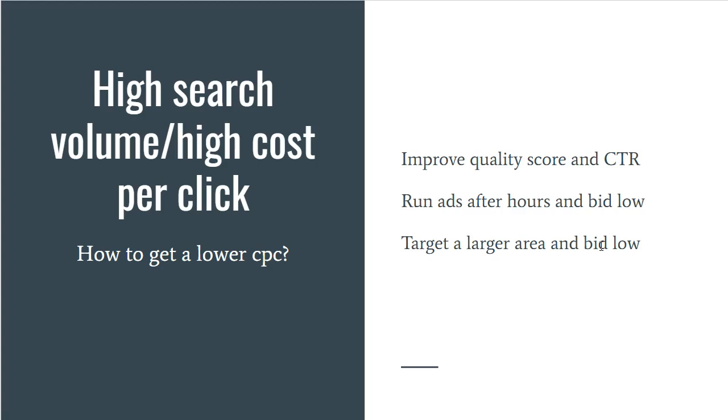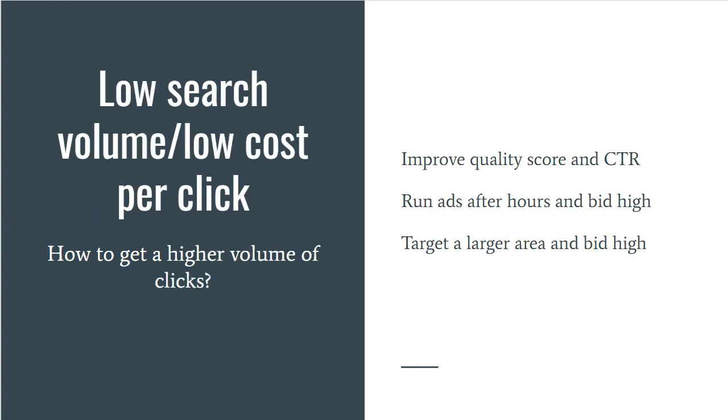Okay, so that will help you get clicks at a lower cost per click, and achieve your target, whatever the cost per acquisition is. You don't obviously want to pay $70 per click, so definitely that is going to reduce the ROI. So target a larger area and bid low.